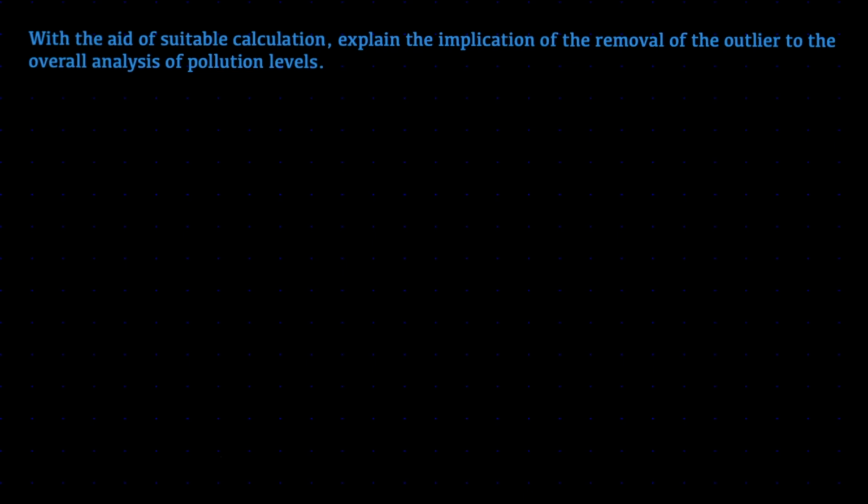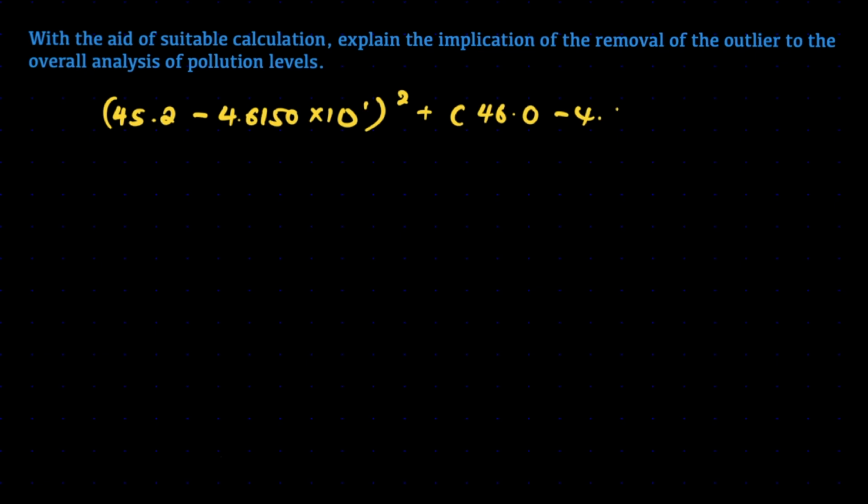For the data with the outlier removed, your mean is equivalent to 4.6150. So what you are going to do is 45.2 minus 4.6150 times 10 to the power of 1, squared, plus 46.0 minus 4.6150 times 10 to the power of 1, squared, plus so on and so forth.